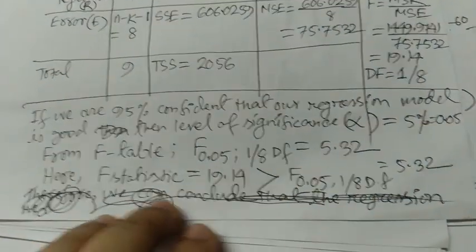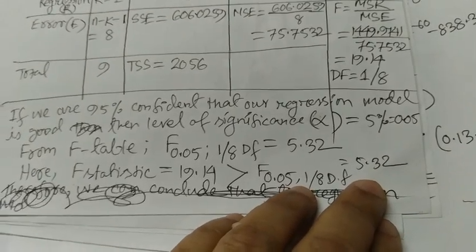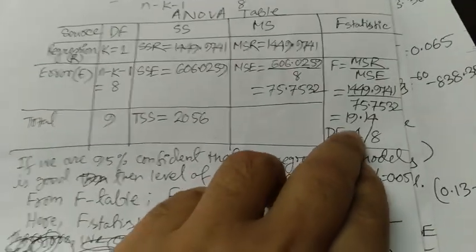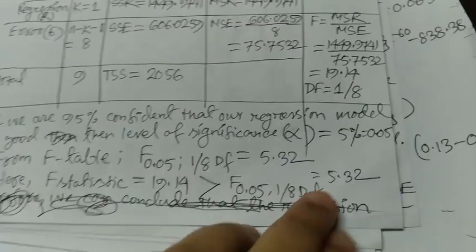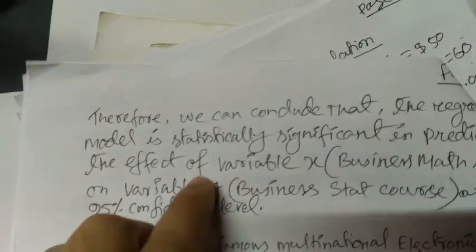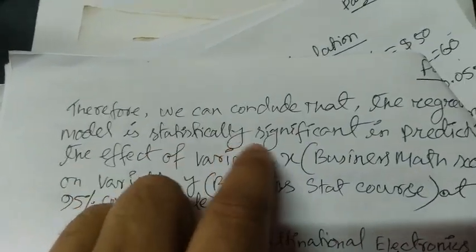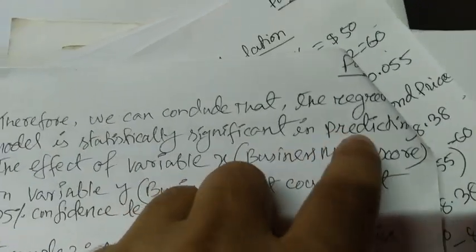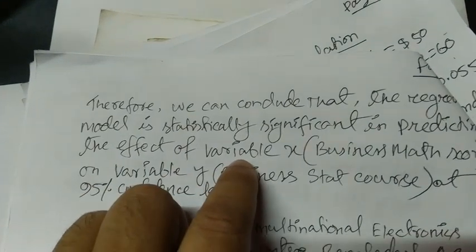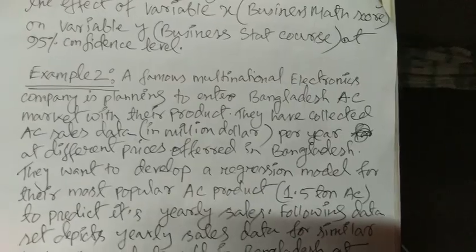So the calculated value of F is greater than the table value of F. So what does it mean? Therefore we can conclude that the regression model is statistically significant in predicting the effect of variable x.